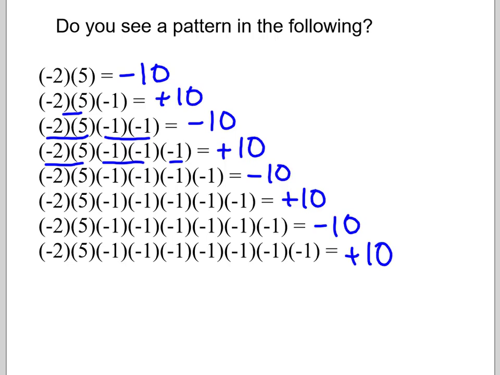Now what you might notice, and this is what we want to highlight here, no pun intended, this has one negative sign, and the answer is negative. This has three negative signs, and this answer is negative. This has 1, 2, 3, 4, 5 negative signs, and this answer is negative. And this one has 1, 2, 3, 4, 5, 6, 7, and the answer is negative.